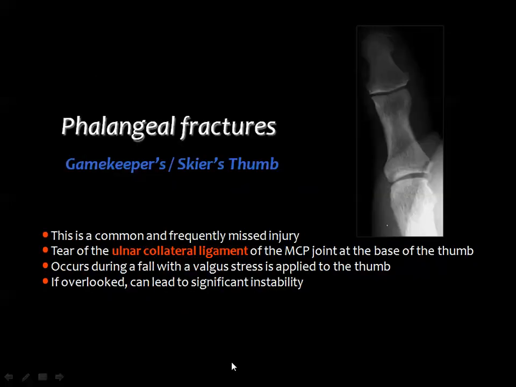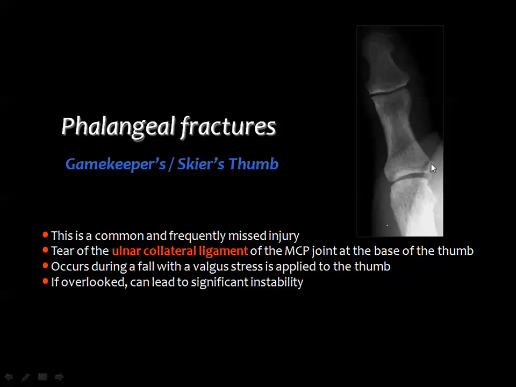Then we'll start first with the phalangeal fractures, and this is known as gamekeeper thumb or skier's thumb. This is a common and frequently missed injury because it is usually not associated with fractures. It occurs in the metacarpophalangeal joint of the thumb by injury of the ulnar collateral ligament.